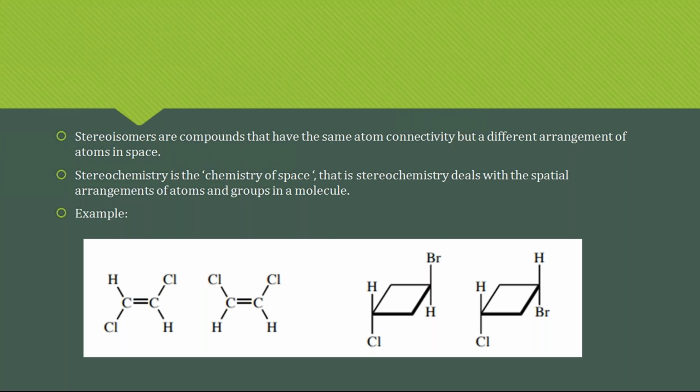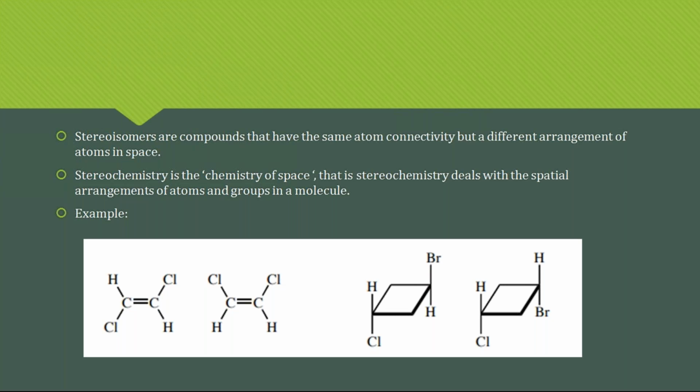Cis and trans. They have the same molecular formula, but you can see the arrangement of atoms in space is different. In the first structure you have hydrogen and chlorine above, one chlorine below and hydrogen, whereas in the second structure both the chlorines are above and both the hydrogens are below.